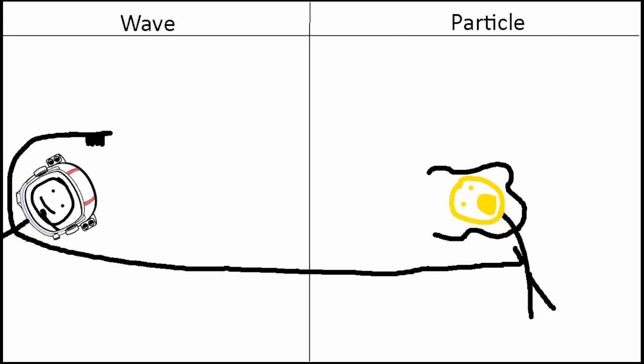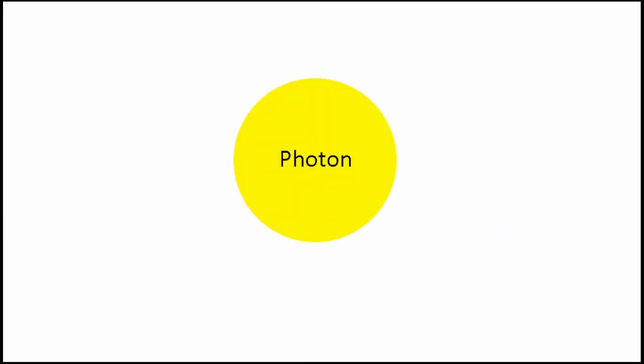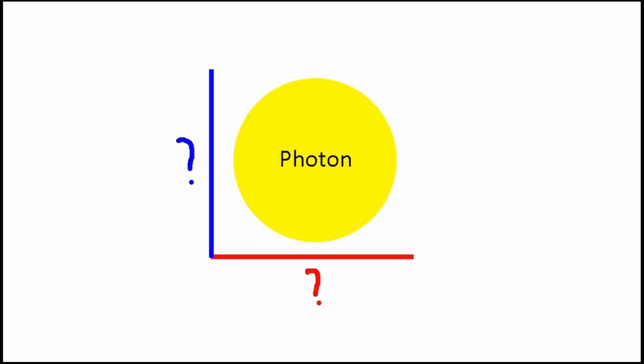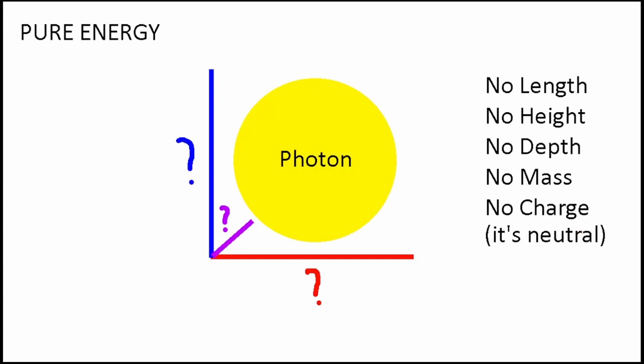See, photons are point particles, which means they have no length, height, or breadth. They exist as a single point with no mass. So, what really are they? They are pure energy. Unlike electrons or protons, they don't have any charge, but just energy.